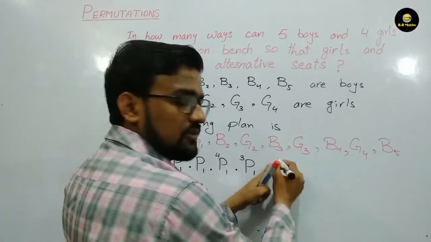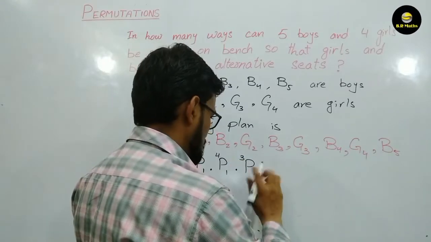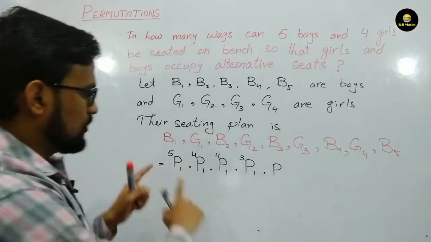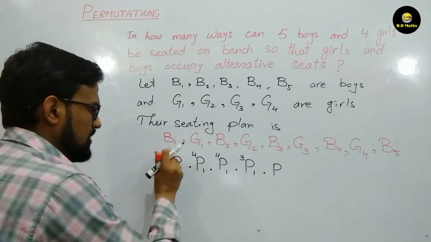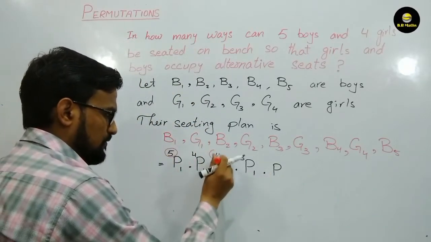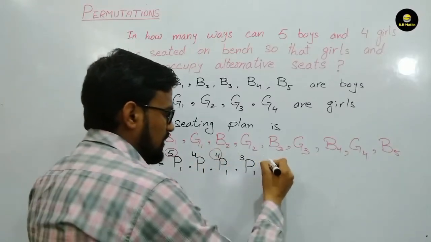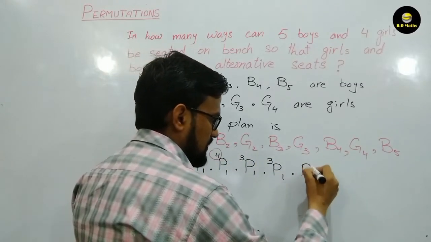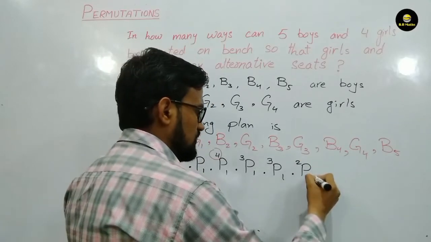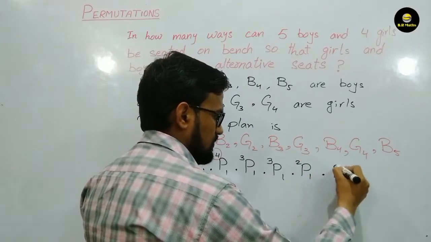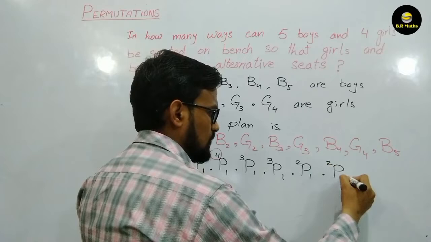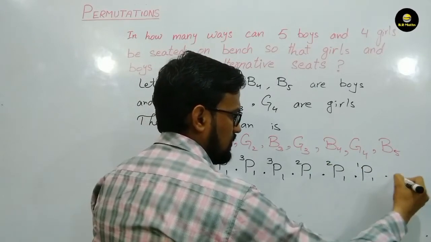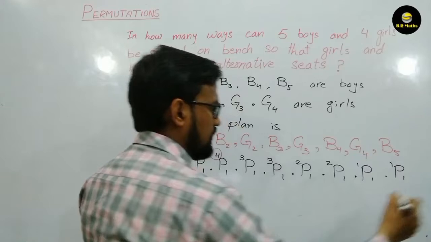Next, move on, third boy. This is multiply, P. Now students, boys 4 and now the remaining 3 boys. Similarly, girls, 2 girls, 1, 2, 1, 1, 1, 1 and 1.